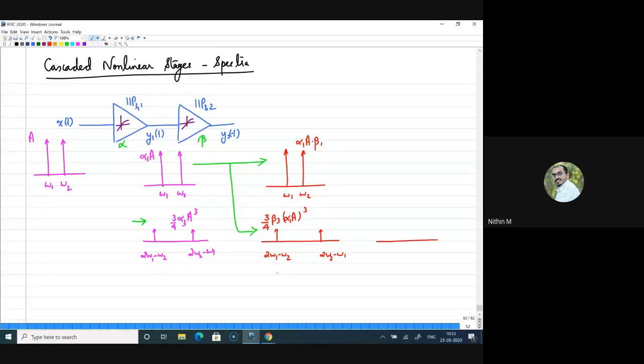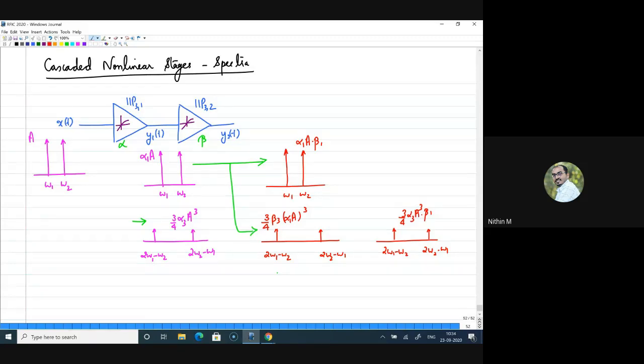That is again at 2 omega 1 minus omega 2 and 2 omega 2 minus omega 1, and the amplitude of that will be 3 by 4 alpha 3 a cube into beta 1, right? So these are the direct terms, or when we write the output of the second stage with the fundamental component which is available at the input of the second stage, these are the components I can write.